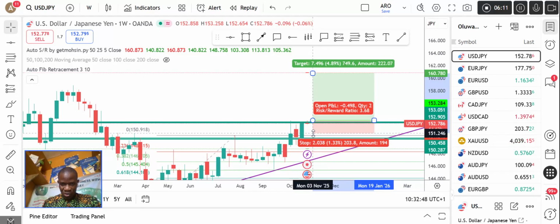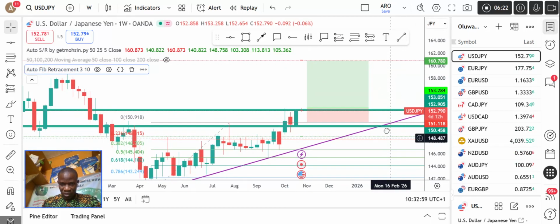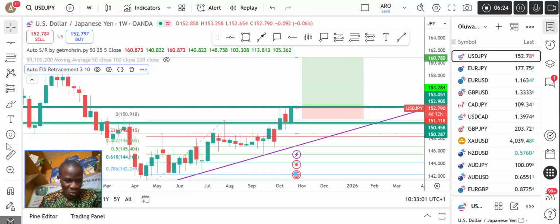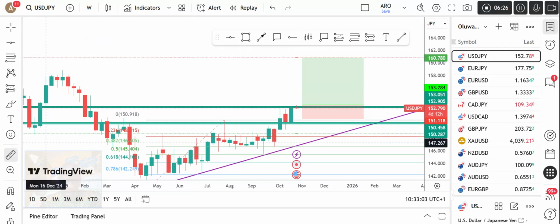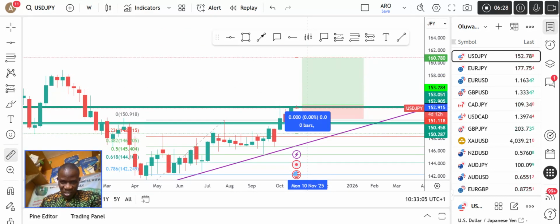The stop loss is too wide, but we need to wait for confirmation before we enter the trade. So we cannot just enter this trade. How many pips are we risking? Let me see. No, it's going to be very much. We are not going to enter the trade anyhow.